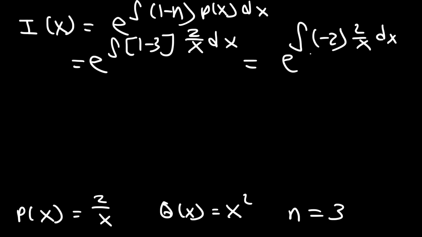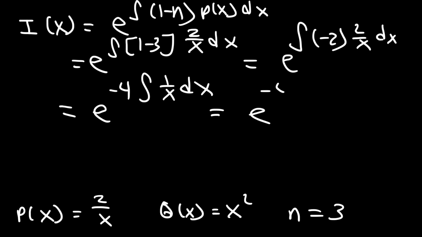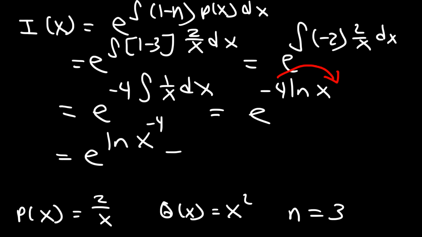And negative 2 times 2 is negative 4, which I'm going to move to the front of the integral. Now the antiderivative of 1 over x is ln x. And I'm going to move the negative 4 to the exponent of x. So this is e to the ln x to the negative 4, which is x to the minus 4, or simply 1 over x to the fourth. So that's the integrating factor.